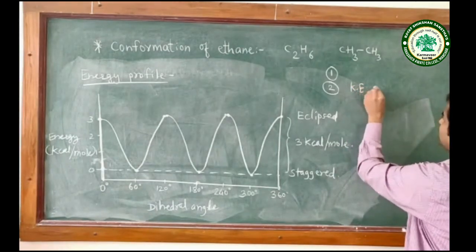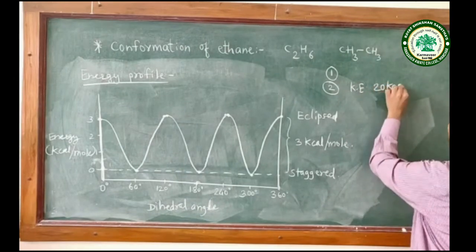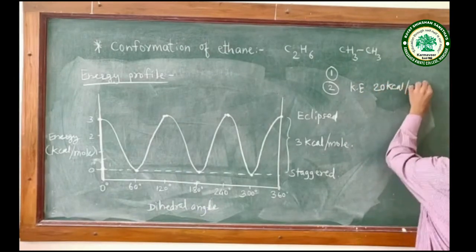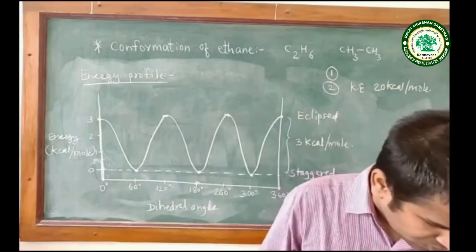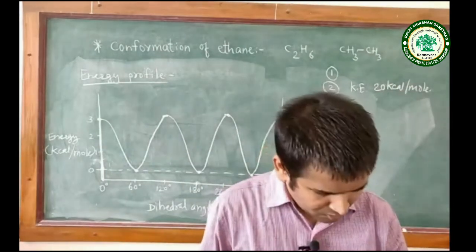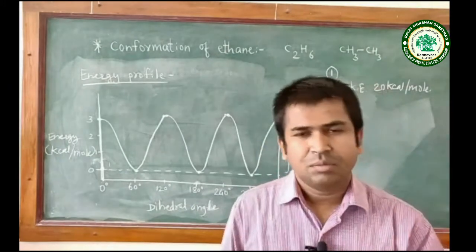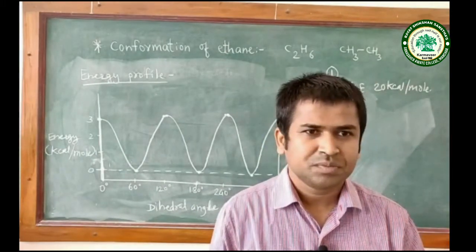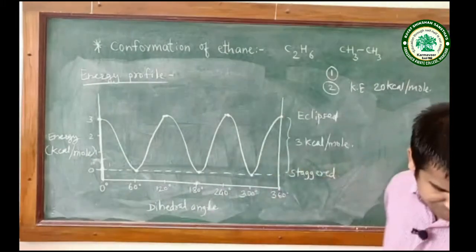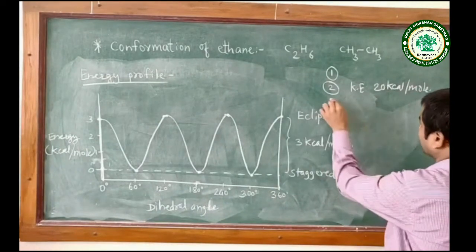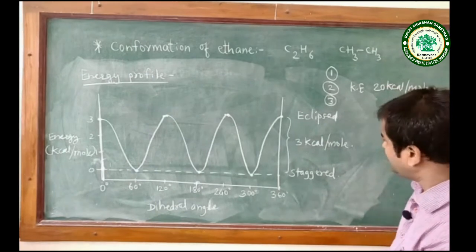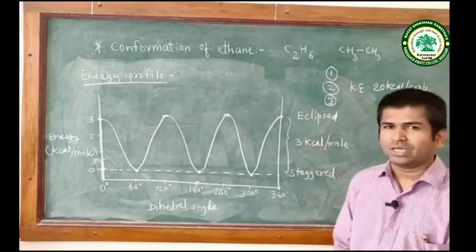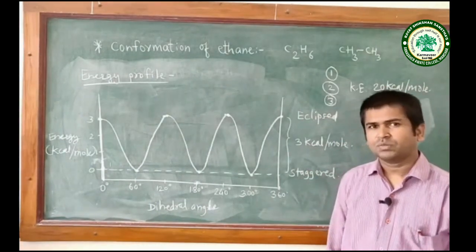Kinetic energy of molecule is 20 kilocalorie per mole, and therefore molecule of ethane continuously changes between the two conformations. The third observation is the energy barrier between staggered and eclipse is 3 kilocalorie per mole.